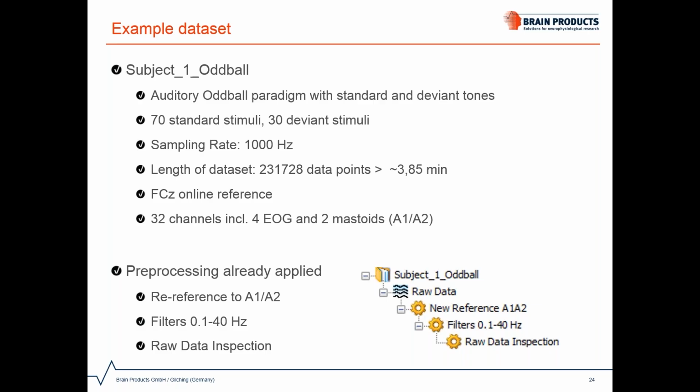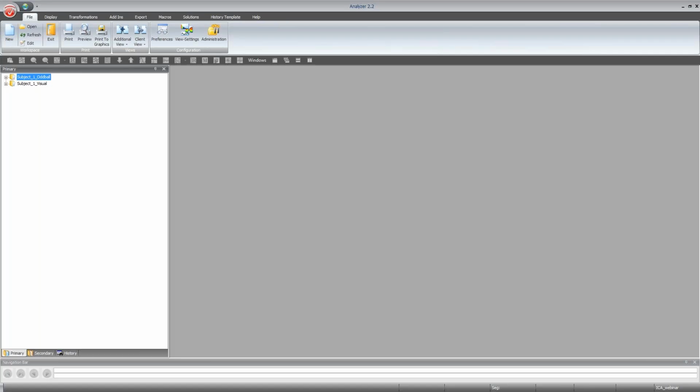Okay, let's now very quickly go to Analyzer for a short while, just to show the data to you. So here are my 2 data sets, and we will now start with the subject 1 oddball, and I will just right click and expand this. And as you can see, here are the pre-processing steps that I just mentioned. So the data was referenced to the mastoids, and then it was filtered.